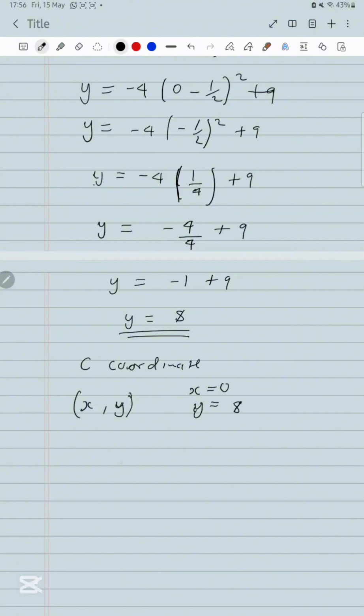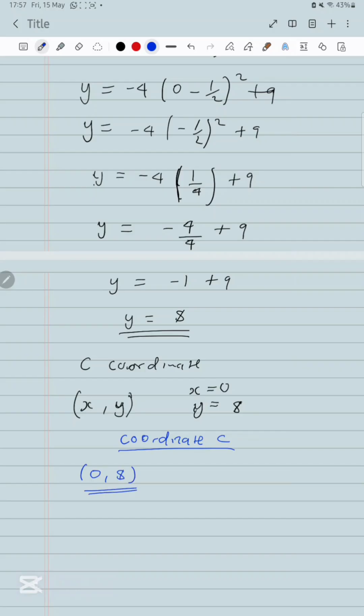So automatically the coordinates that they are looking for, coordinate C, are 0, 8.